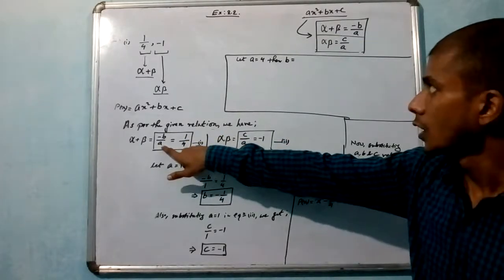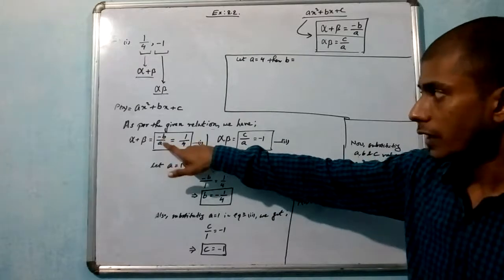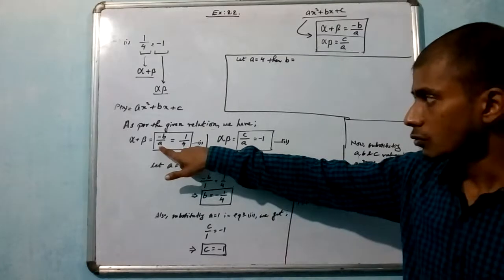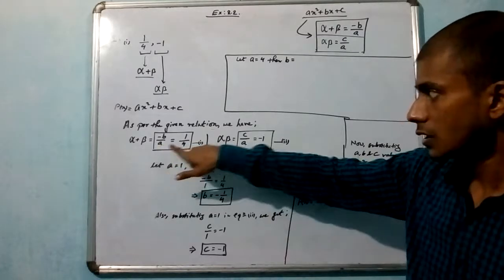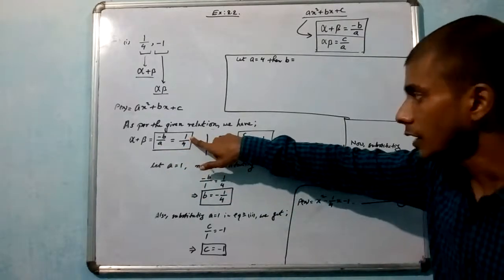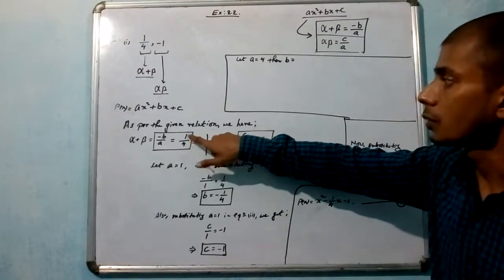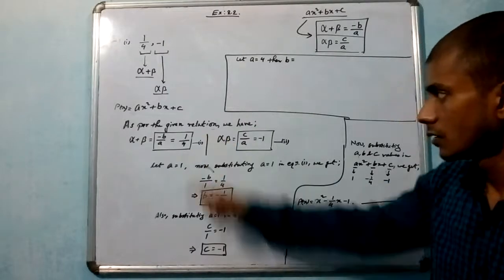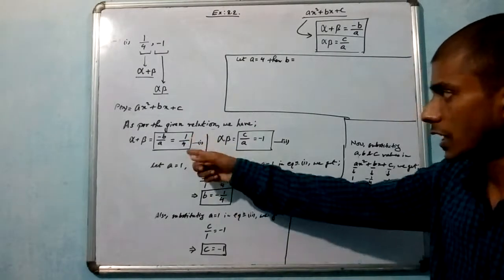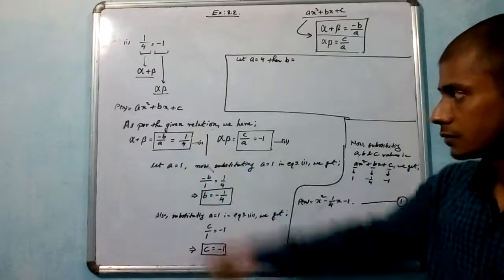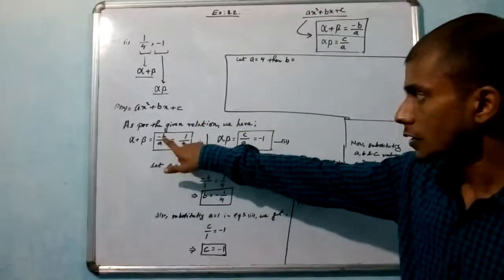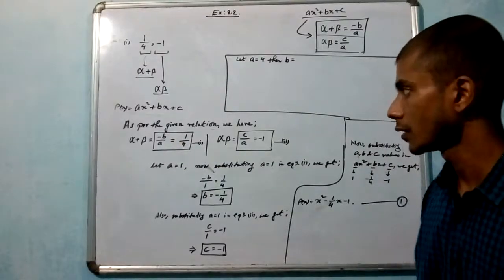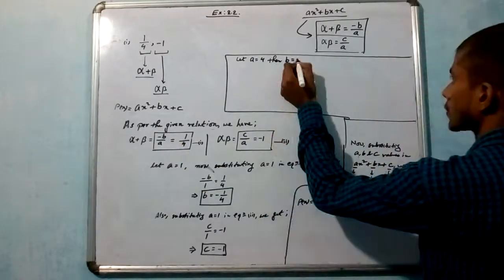If we are assuming a as 4, to get the value of b we need to substitute a as 4 here. This 4 in division, when it comes to this side, will get in multiplication. So it will become 4 by 4, and 4 by 4 cancel each other. How much value will we get? 1. So b will be how much? This minus will come to this side, so b will be minus 1.